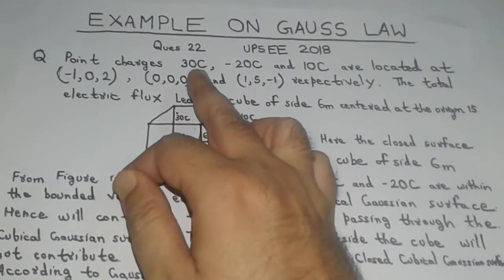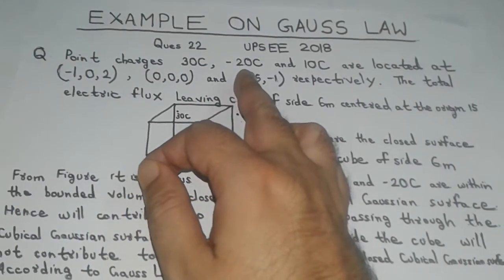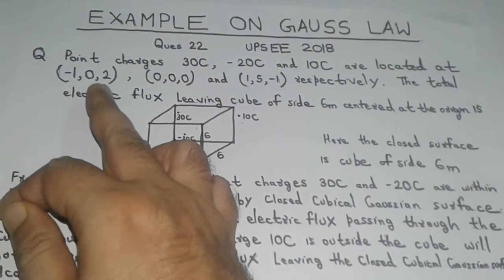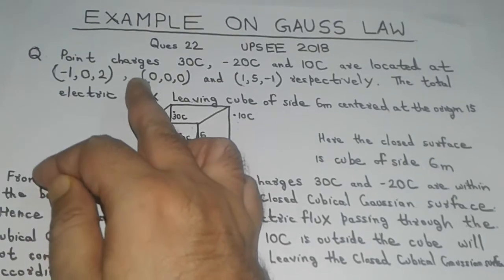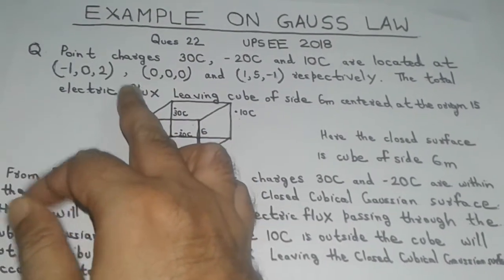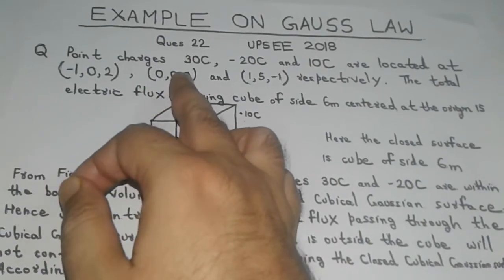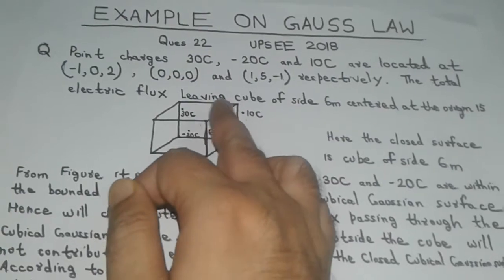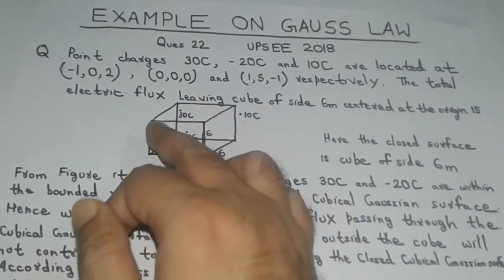Since the coordinates of 30 coulomb point charge and minus 20 coulomb point charge in x direction, y direction and z direction is not equal to or greater than 3, hence we conclude that the point charges of 30 coulomb and minus 20 coulomb lie in the bounded volume enclosed by the cube.